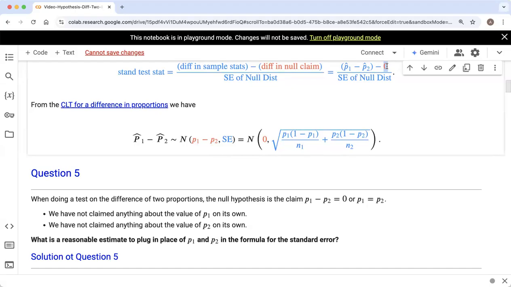In order to calculate the standard error, I would need to know the value for P1 and the value for P2, and we haven't claimed anything about those values. The only thing we've claimed is that they are equal to each other. So what would be reasonable values to use to approximate P1 and P2 in order to come up with a standardized test statistic to perform this test?